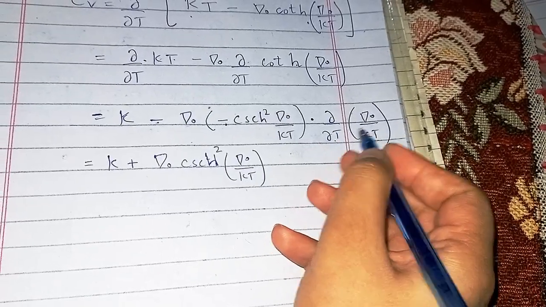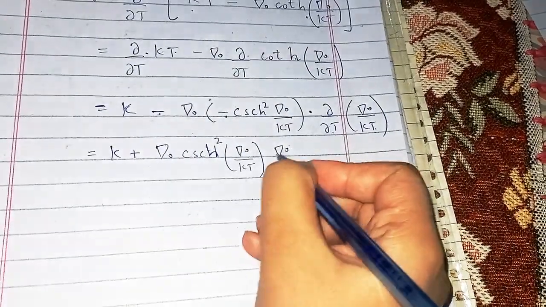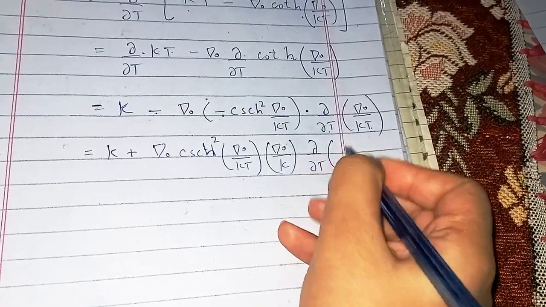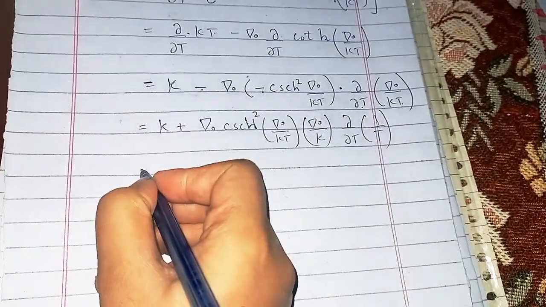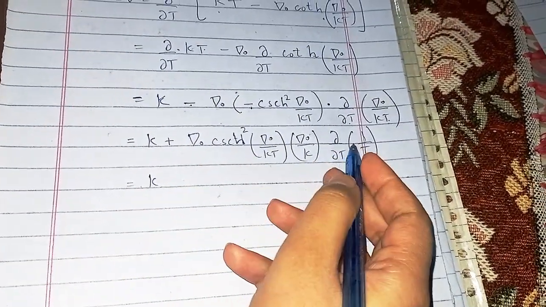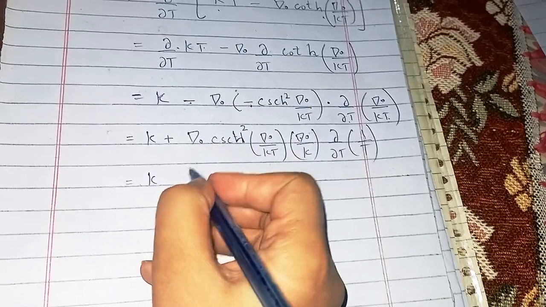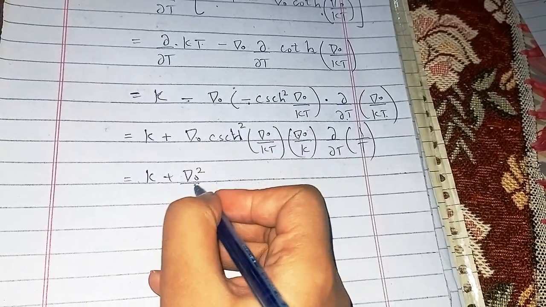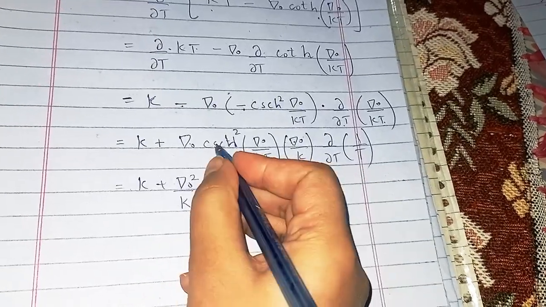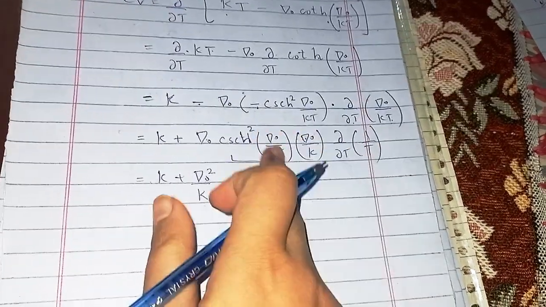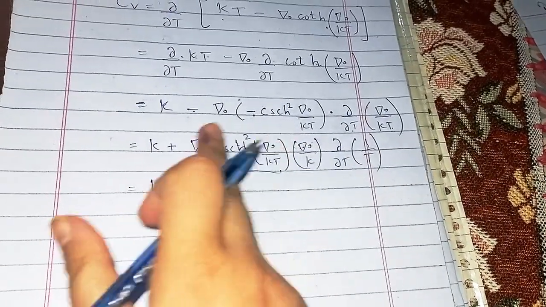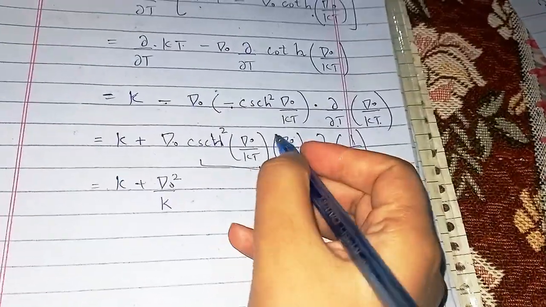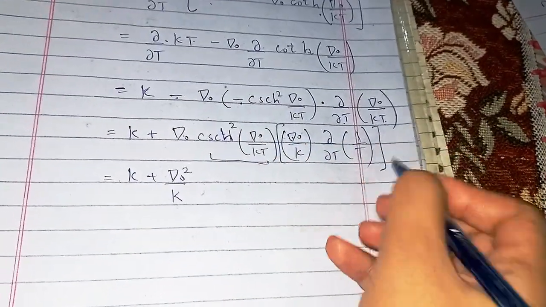Partial by partial t will only be applied on t, so δ₀/k will come outside and we have partial by partial t of 1 over t, the same thing that we did before. δ₀/k could be written here, δ₀ becomes δ₀²/k. This is the angle of this term, so that's not outside of it, you can't multiply it with this. Okay, keep that differentiation in mind, that this is a separate thing.